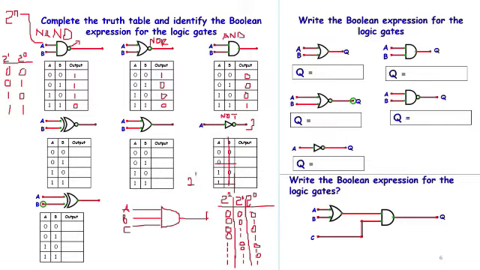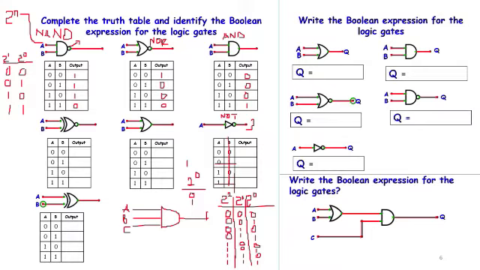Because for a single input, you just need to go to 2 raised to power 1. And the possible combinations in 2 raised to power 1 are 0 and 1. Sorry, 2 raised to power 0.